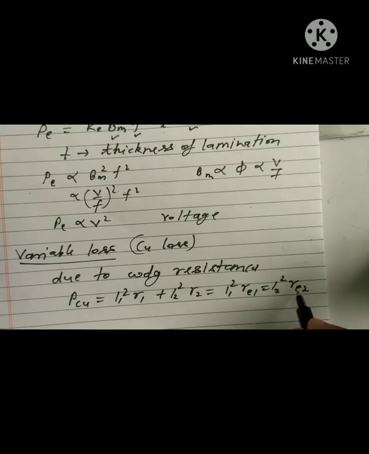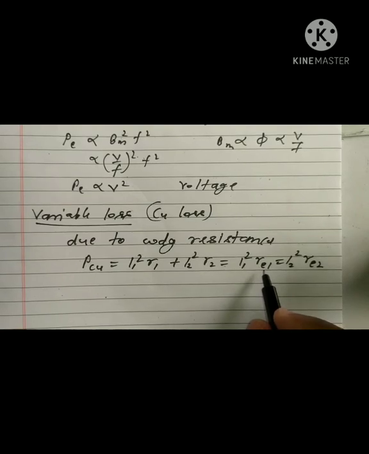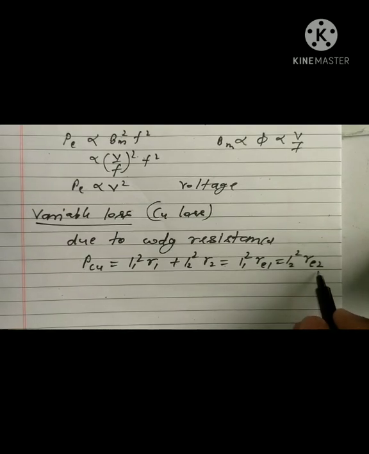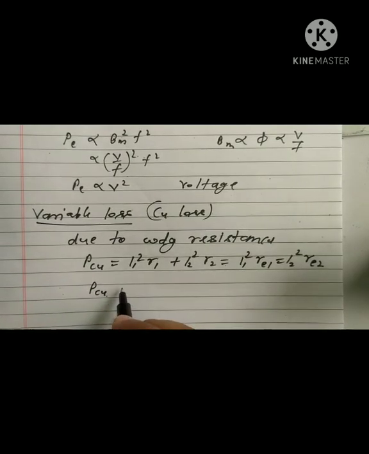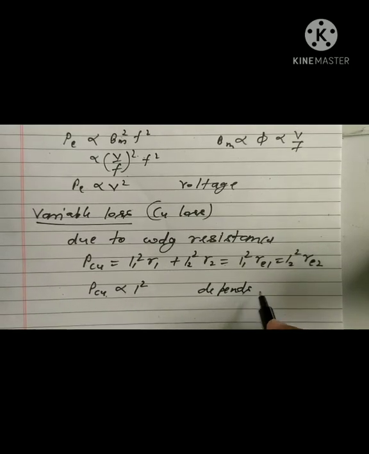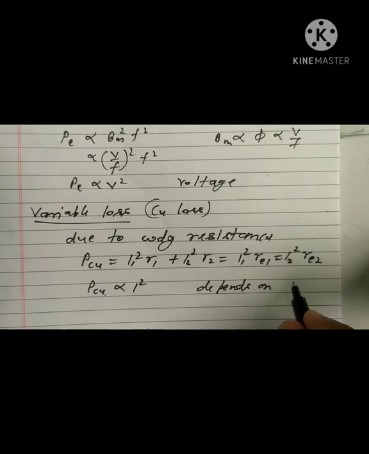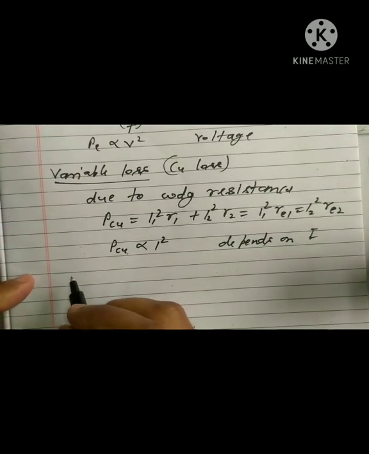We know RE1 and RE2 are the equivalent resistance referred to primary side and equivalent resistance referred to secondary side. So copper loss is directly proportional to I square, and it depends on current value, right?